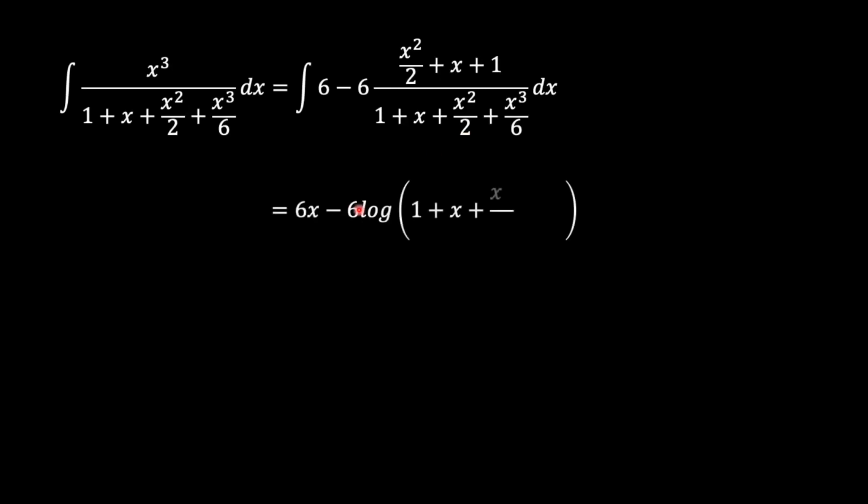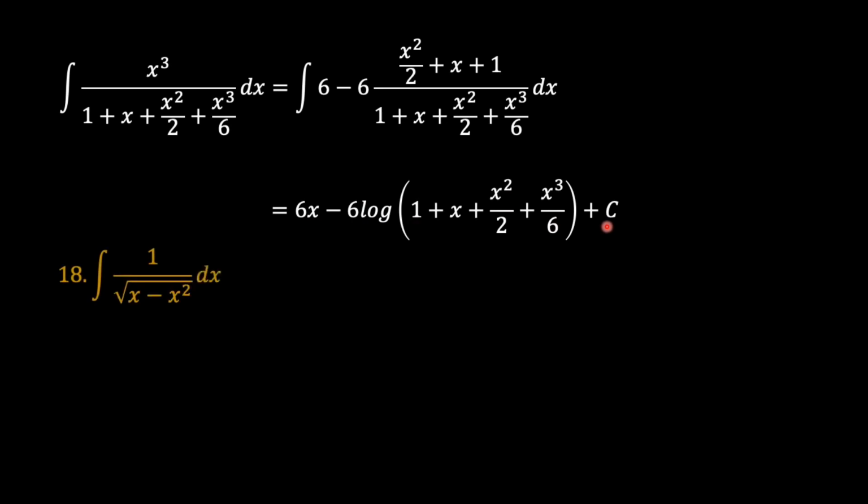So essentially, our integration is 6x minus 6 natural logarithm of 1 plus x plus x squared over 2 plus x cubed over 6, plus this integration constant. And that is the solution to this problem.